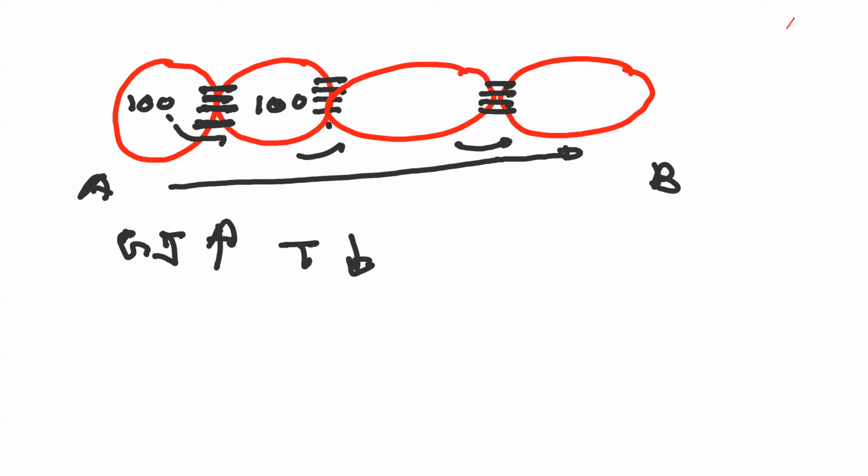If there are limited gap junctions in between these cells, that means these electrodes are unable to move properly. What happened to time, A to B? Time goes high. So this is the next concept.